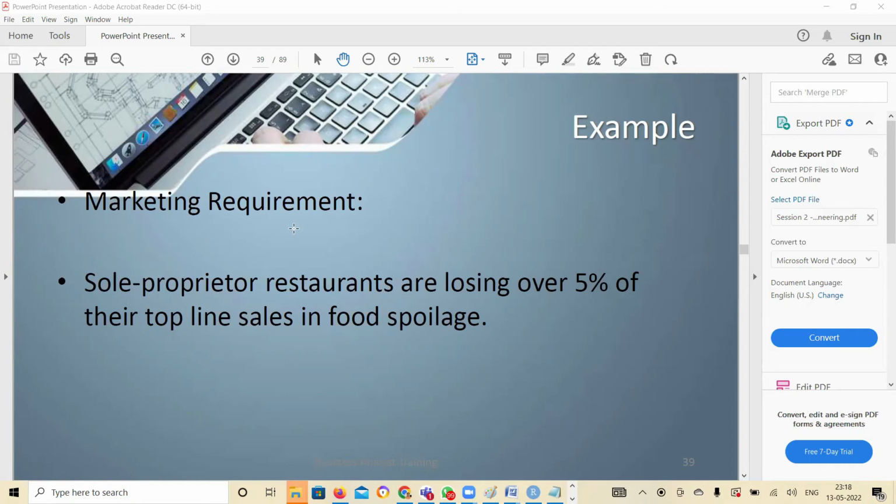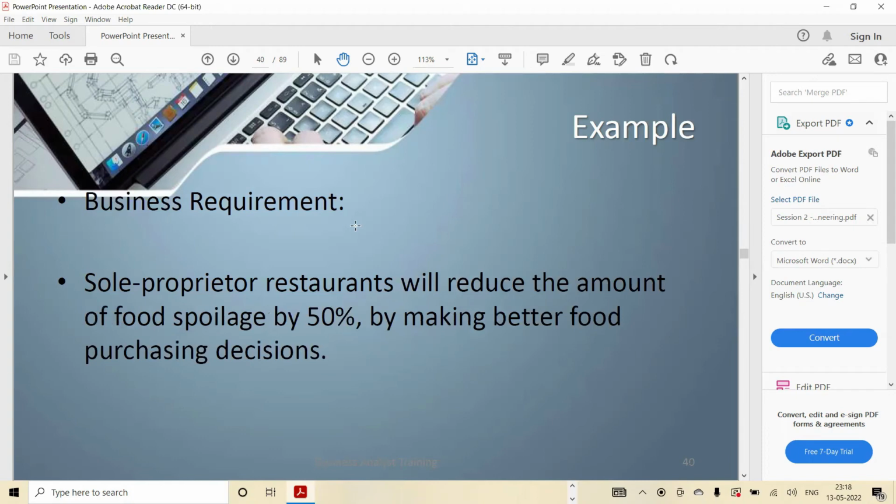Okay, so that's the problem here. So you are getting 5% loss of food. Yeah. Okay, so that's the marketing question. Now, business question. The business requirement is that a sole proprietor restaurant will be able to reduce the amount of food spoilage by 50%. So if you are losing 5%, and if you implement a certain solution, you cannot save all the 5%, but 50% of it will be saved.